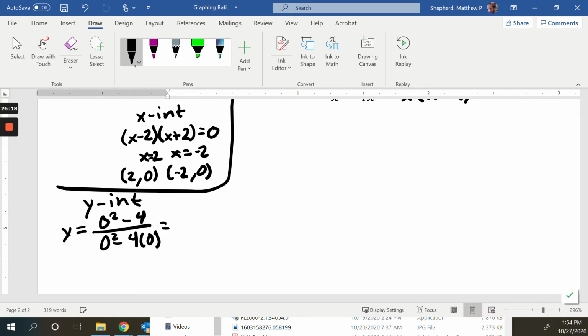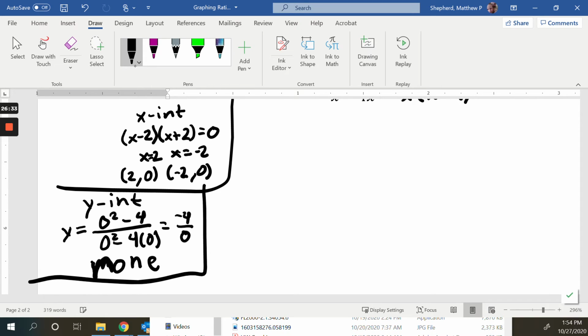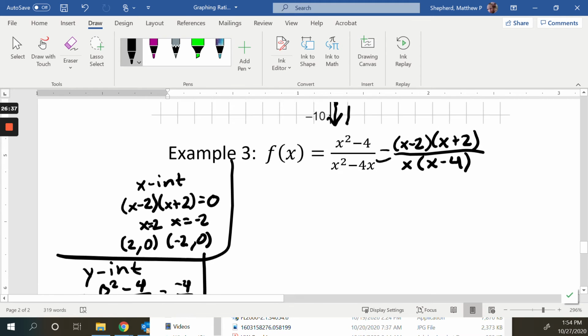Well, that's going to give me a negative 4 over 0, but we cannot divide by 0, so this is just none. So there will be no y-intercept here.